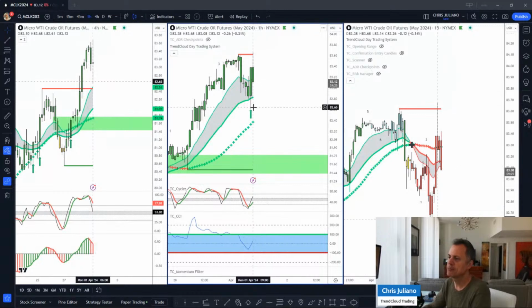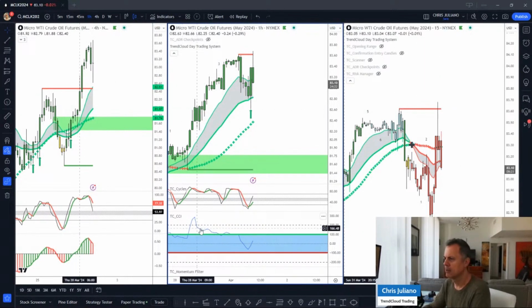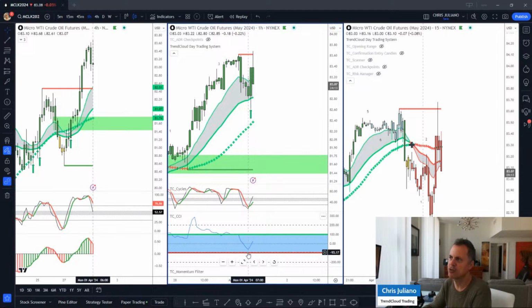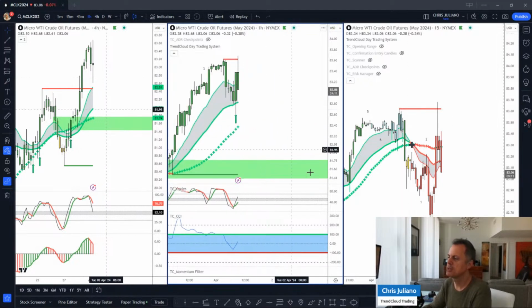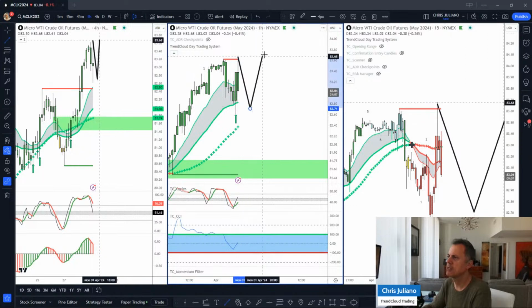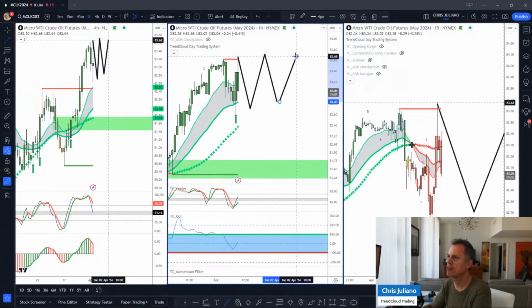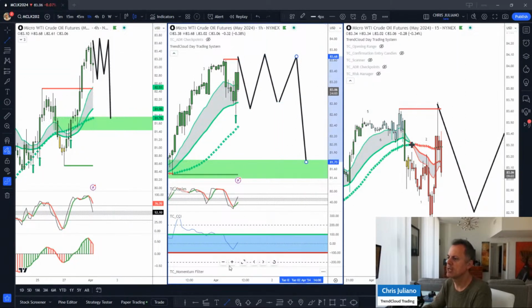We still have an uptrend on the middle chart, and unfortunately, CCI is still above positive 100, right? We've just pulled back. We haven't broken below negative 100 yet. So that leads me to believe we're going to continue to see something like this until we do get a break below that 100.